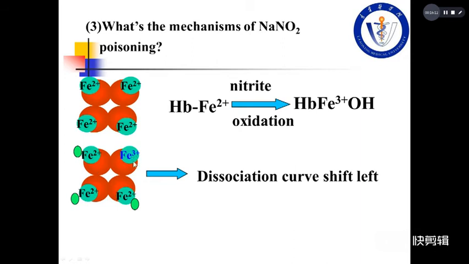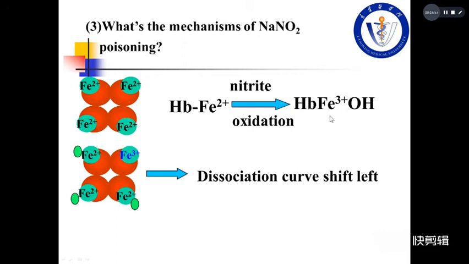If one ferrous iron forms the ferric state, the other ferrous irons can carry oxygen, but their affinity for oxygen increases. So in the tissue capillary blood, hemoglobin liberates oxygen with difficulty, so oxygen movement into the tissue cells decreases and hypoxia happens. This is the mechanism of nitrate poisoning.